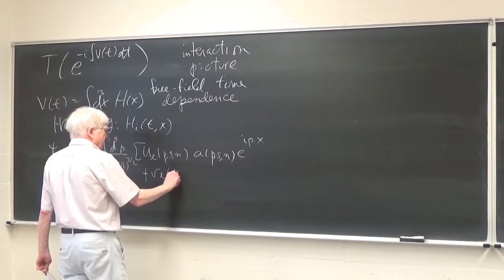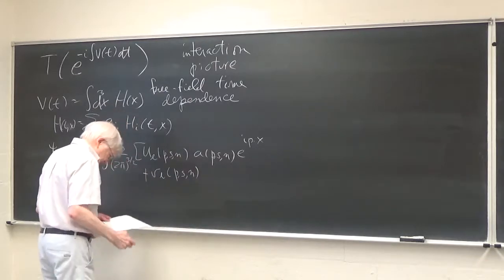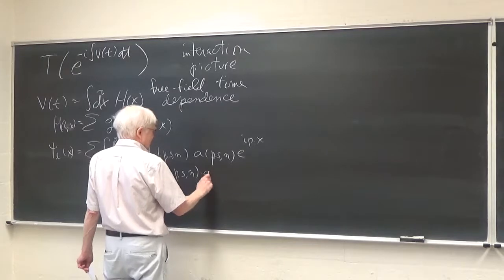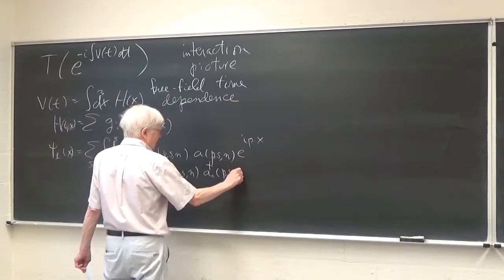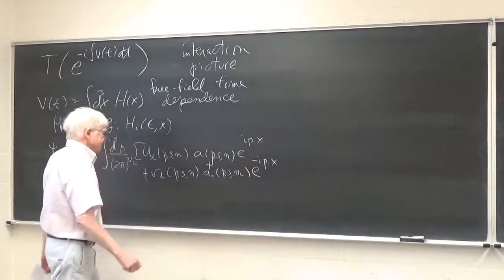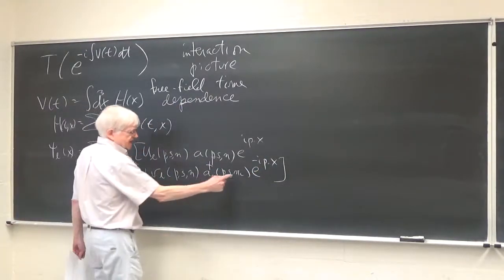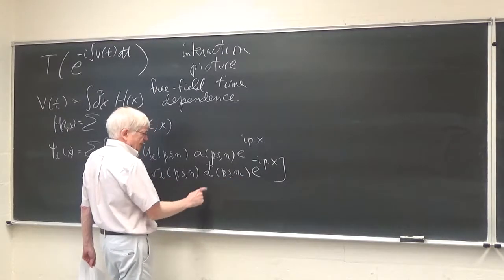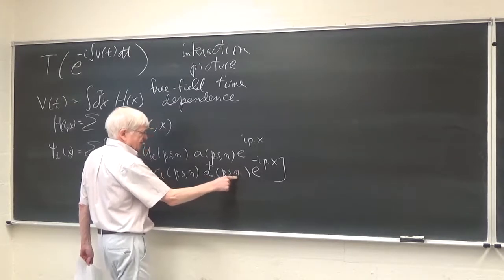Plus v_l of p, s, n. I'll revert here to Weinberg's notation completely, which is like that. So c means the conjugate particle, the antiparticle. And this thing is a bit redundant here, so if we have a c here, we shouldn't have another c there.